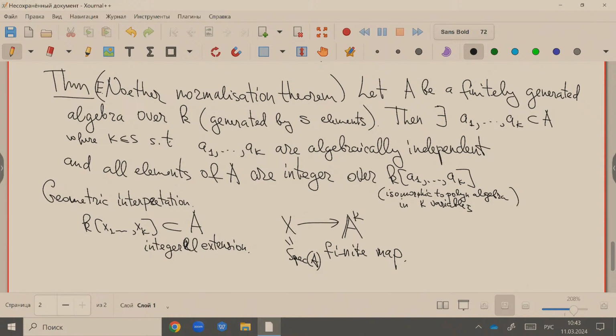Геометрически происходит вот что: мы берем x, вкладываем в какое-то аффинное пространство большой размерности, а потом его можно спроецировать на это Ak. Эта проекция вдоль координат и отвечает отображению из x в Ak.